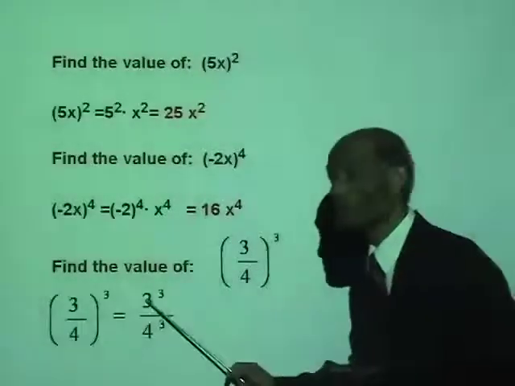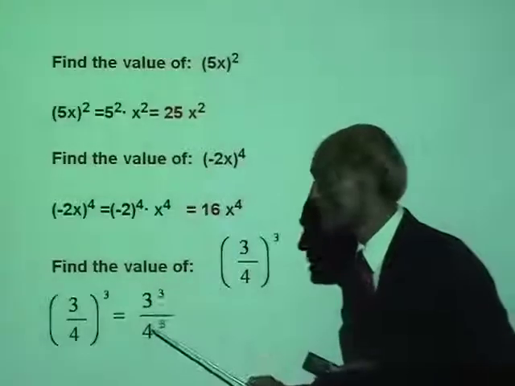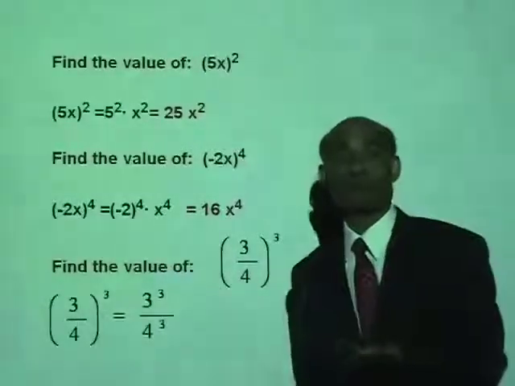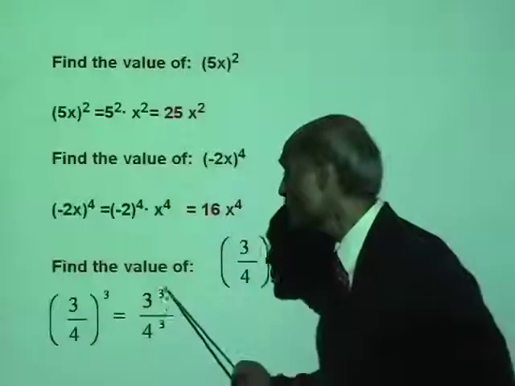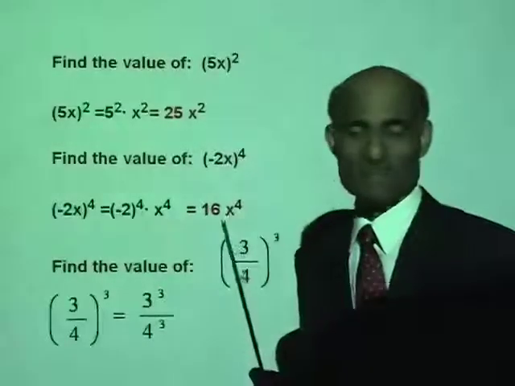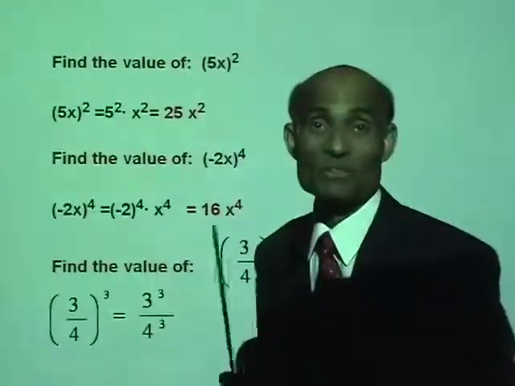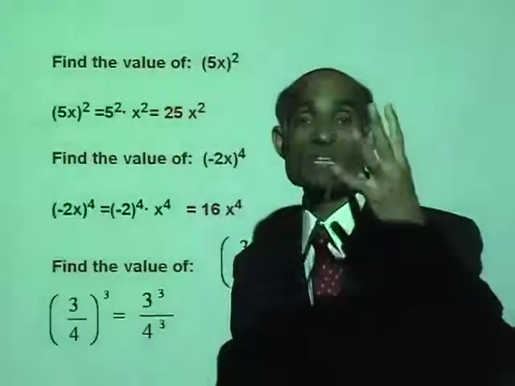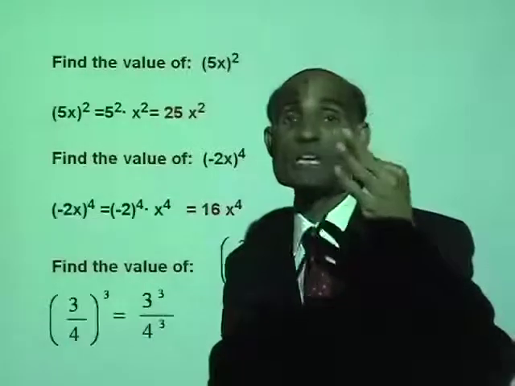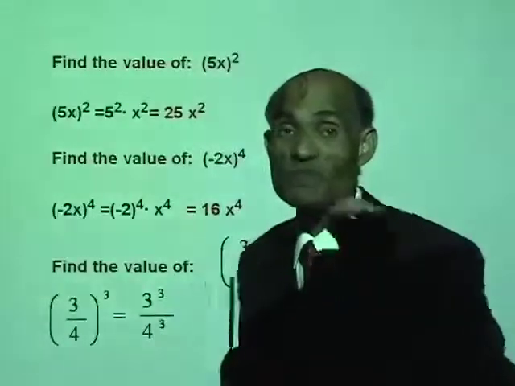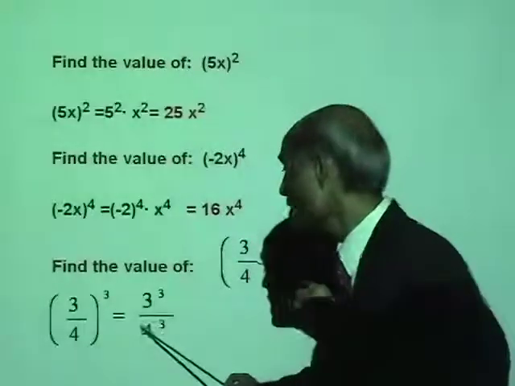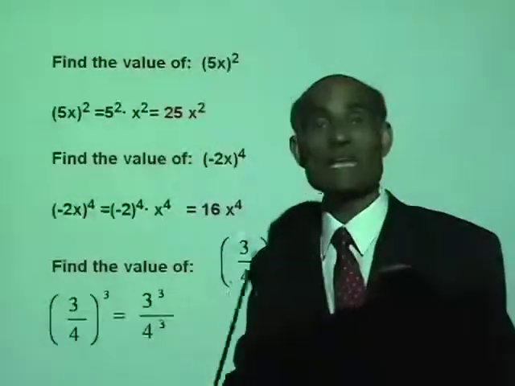Alright, so that will be 3 to the power of 3 over 4 to the power of 3. Tell me, what is 3 to the power of 3? We did that some time ago. 3 to the power of 3 is 3 times 3 times 3. That is 27.